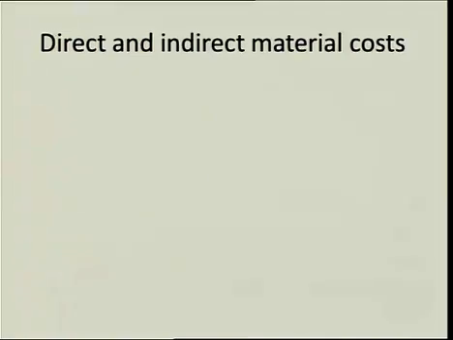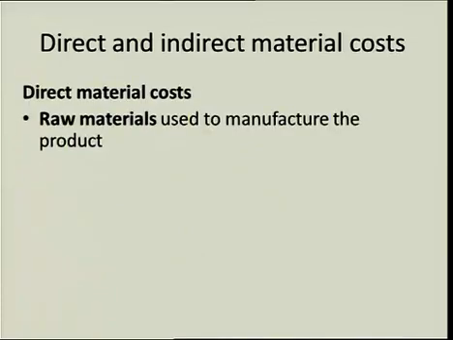Then let's break up material costs into direct and indirect materials. Your direct material costs are your raw materials used to manufacture the product.